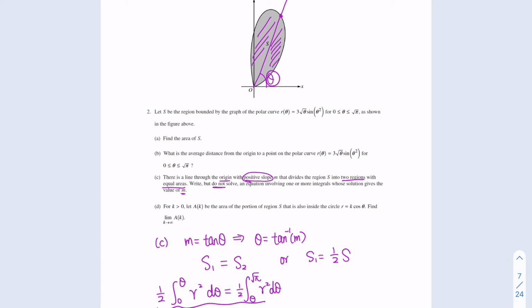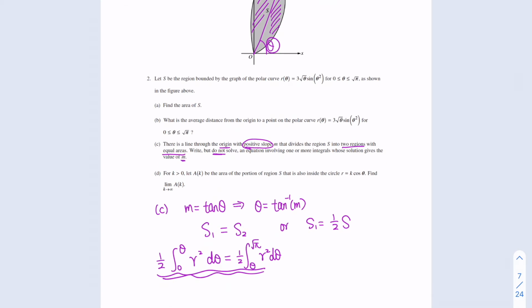This is one of the equations you can use, or you can use 1/2 integral from 0 to theta of r squared d theta equals 1/2 the total area we solved in the previous problem.